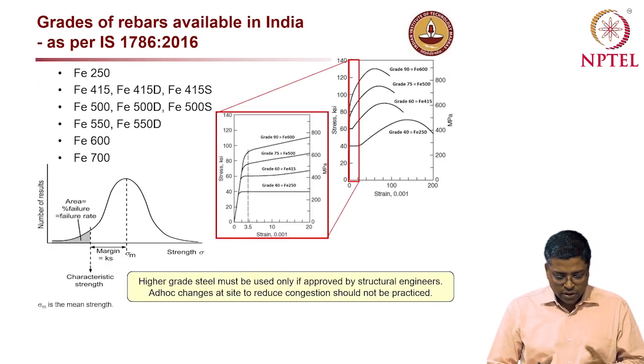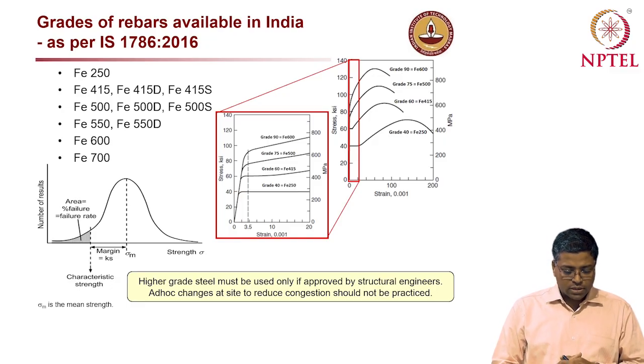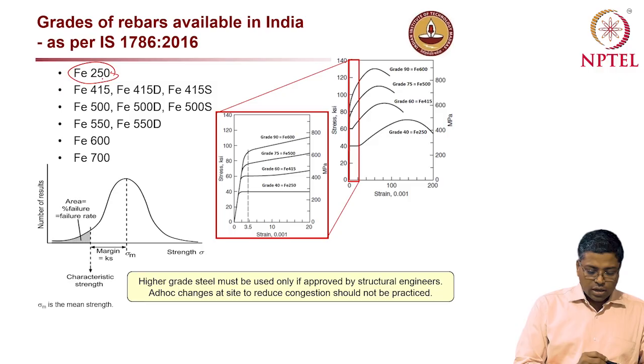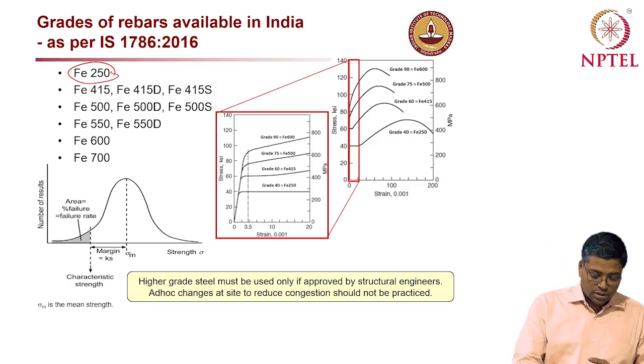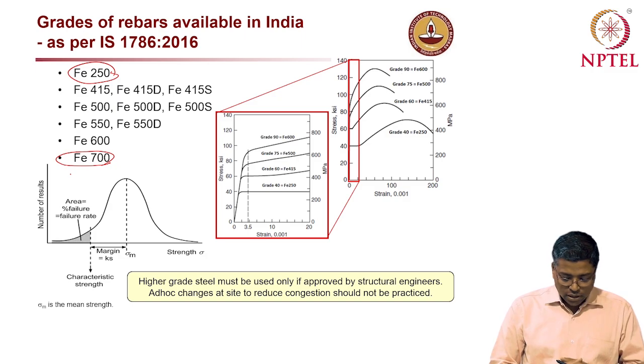Now let's look at different grades of steel rebars available in the country. Earlier we used to use Fe250, but then there was a demand for higher strength, so higher yield strength, so we went on increasing. Even today people are thinking about Fe700 grade steel.